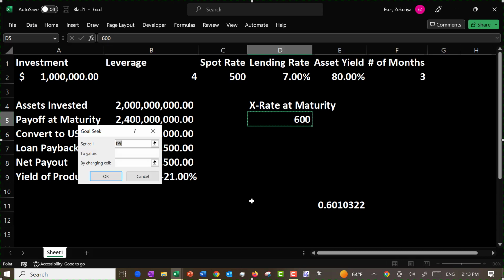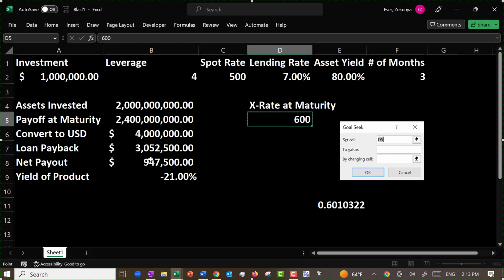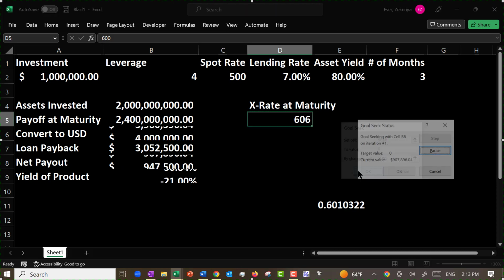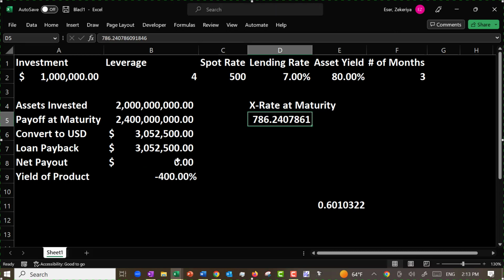That's going to determine the slope of that curve, kind of. So if the exchange rate is at 786 or above, I won't give you anything.